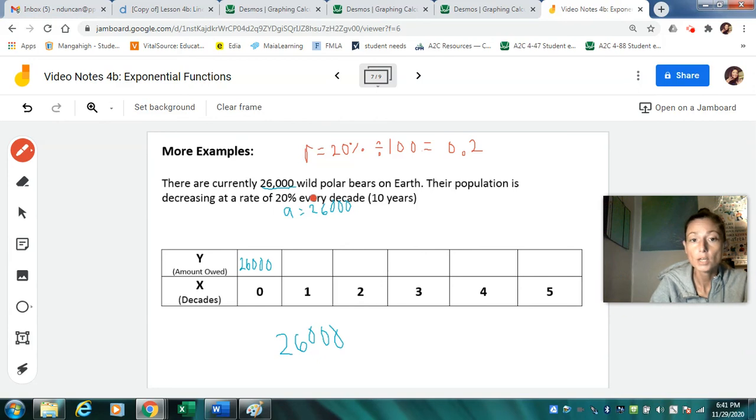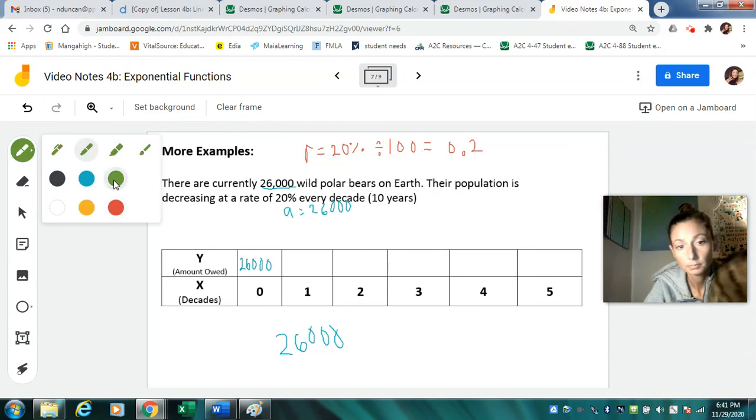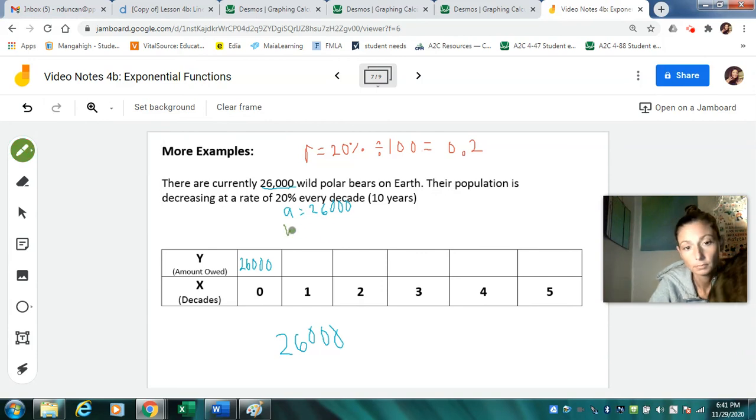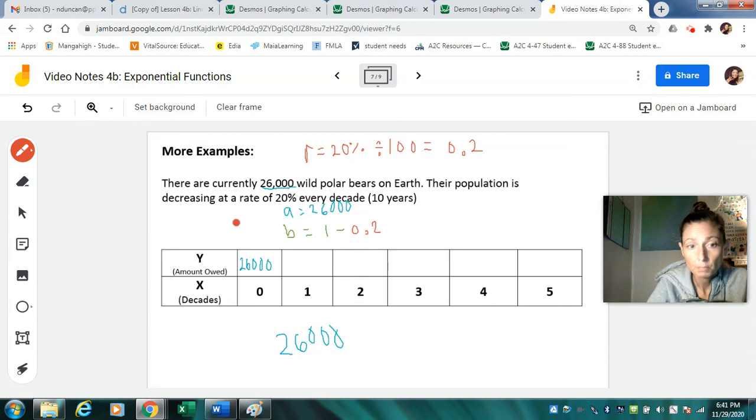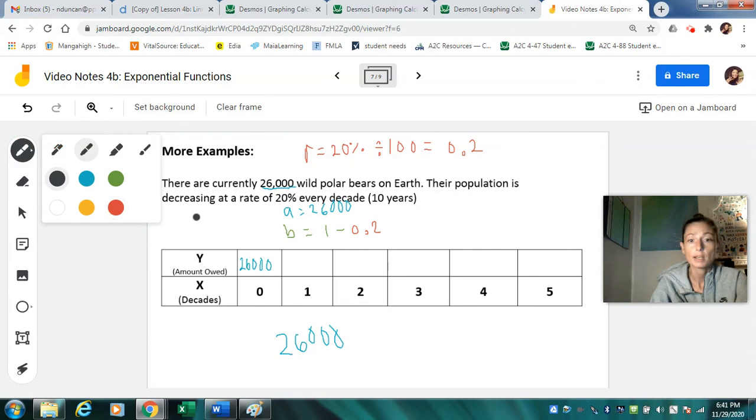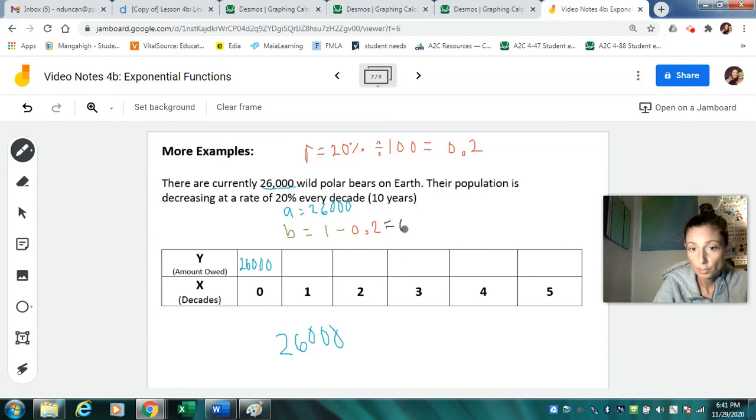And so in my equation, because it's decreasing by 20%, my b value is going to be 1 minus that 20%, 1 minus 0.2. Which means that there is 80% of the bears remaining after 10 years. So 0.8.